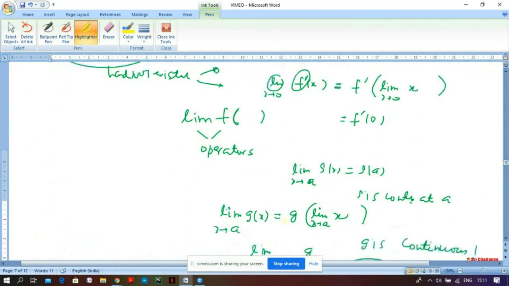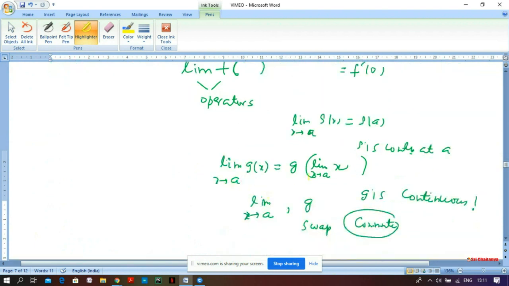You can swap them. So we wrote the definition of continuity in a very suggestive form: limit of g of x as x tends to a is g of limit of x as x tends to a, and then we are done.